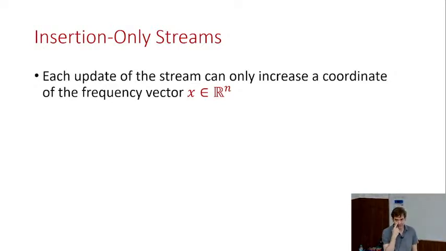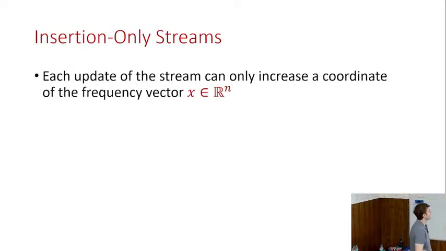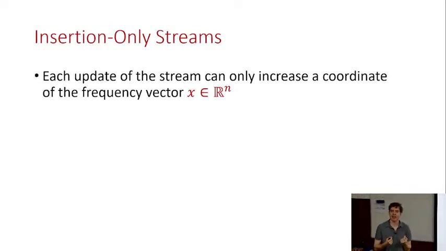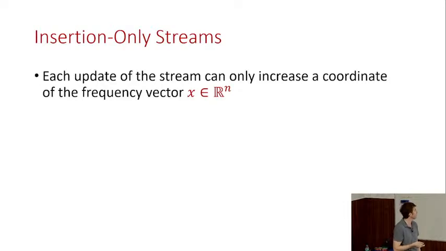Now, a special case of this is when you have so-called insertion-only streams. So you think of having an underlying frequency vector x, where the ith coordinate x_i represents f_i. How many times did the element i occur in the stream? And in an insertion-only stream, you can only increase these coordinate values. Okay, you can't delete items that have previously appeared in the stream.